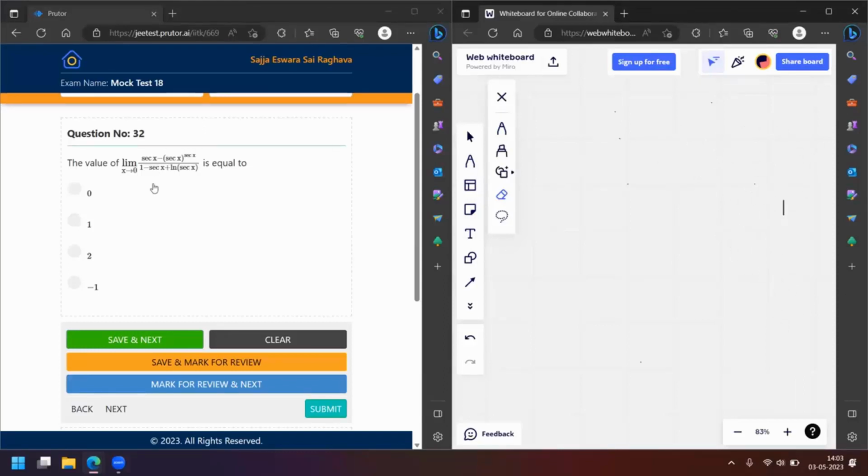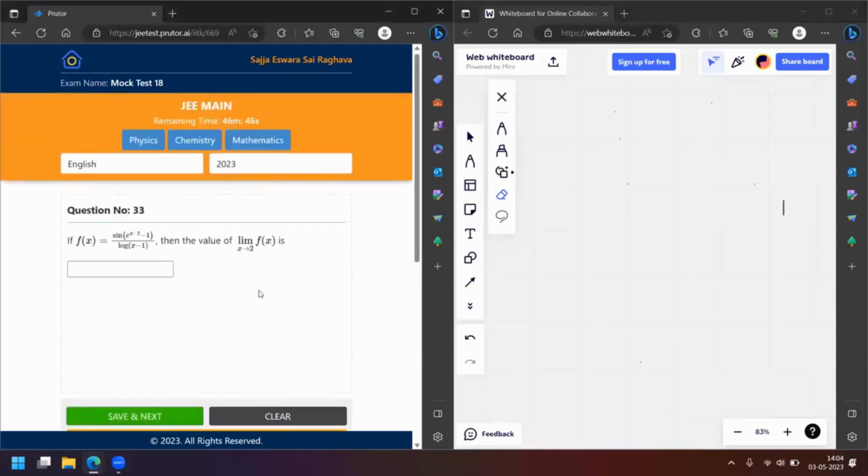The denominator is 1 minus 1 plus 1. Okay, this is of the form 0 by 0. We can apply L'Hospital rule and find the answer. You should know the differentiation of x power x. So we can use the L'Hospital rule to find the limit in this question.